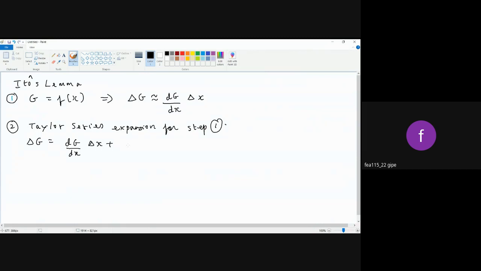Plus, I have the higher order terms as well, that is 1 by 2 d2g by dx square into delta x square plus all the higher order terms. So you can imagine Taylor series is an infinite series whereby we look at higher dimensions. For now, just the first two terms are good enough for us because for our current analysis, we don't need to go beyond this second order, that is second order in the underline. You can imagine x as the underline.